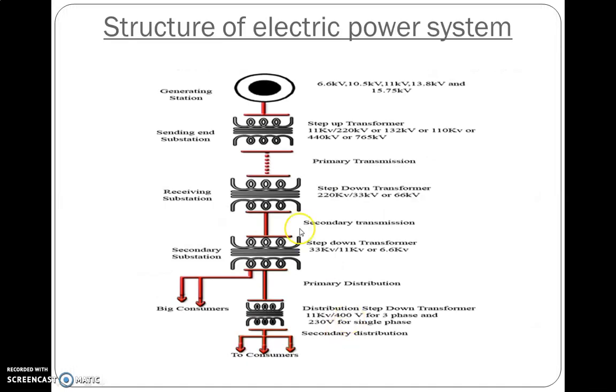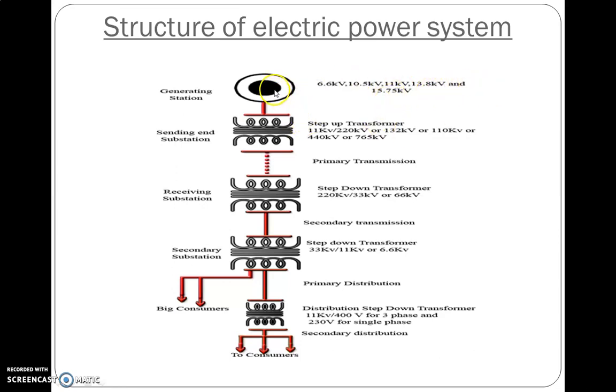Let us look at the one line diagram for the structure of an electric power system. It consists of the generating station, sending end substation, receiving substation, secondary substation, and big consumers. In the generating station, we generate power in the range of 6.6 kV, 10.5 kV, 11 kV, 13.8 kV and 15.75 kV.